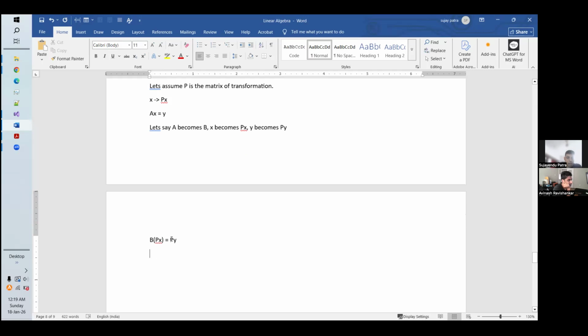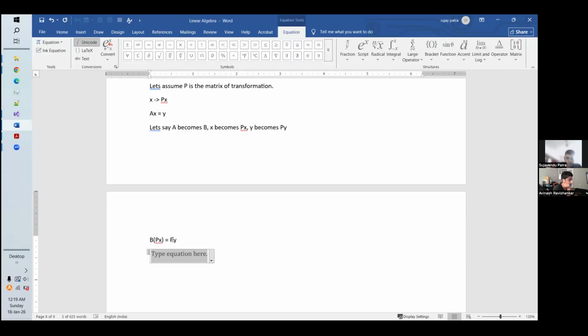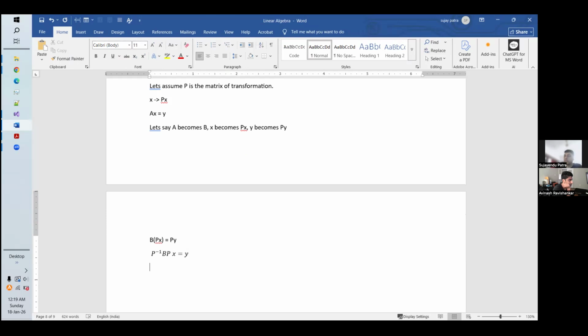Now there is a P here on the right hand side, so I would like to take that to the left hand side. So I will get P inverse BPx equals y. I'm just taking P to the left hand side. Notice that the P inverse sits on the left of the B, so it doesn't cancel with the P because they sit on the other side.